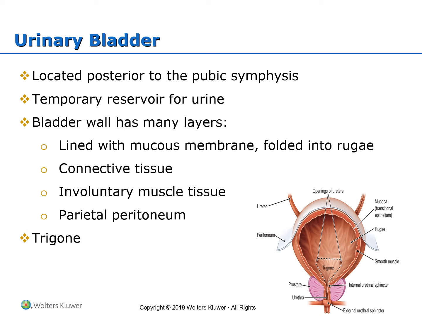And while the wall is expanding upwards, the trigone will be left at the base, kind of stationary, not moving. By doing that, it will stretch the urethral openings and will prevent the backflow of the urine. It's an adaptation to function again.